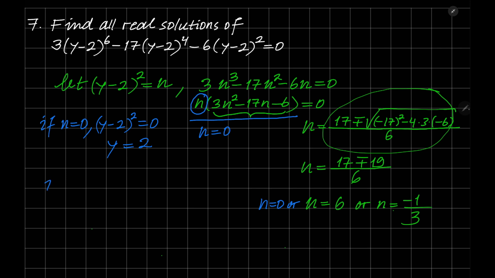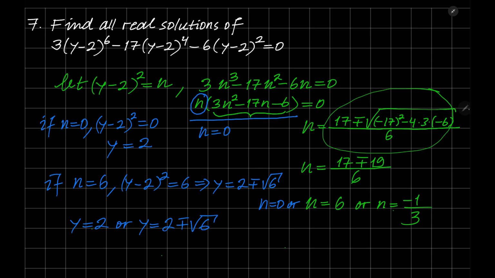And if n is equal to 6, y minus 2 squared is equal to 6, which implies that y is equal to 2 plus minus square root of 6. So, we can say that y is equal to 2 or y is equal to 2 plus minus square root of 6.